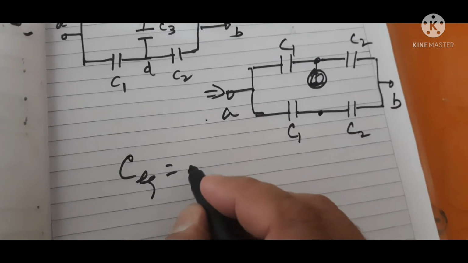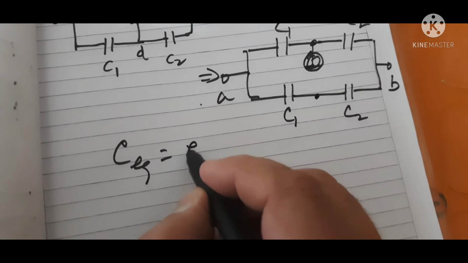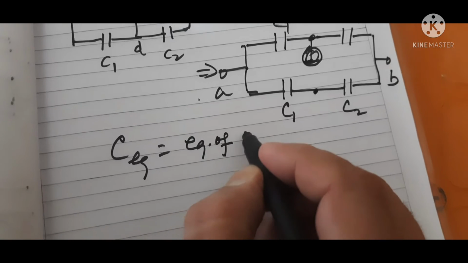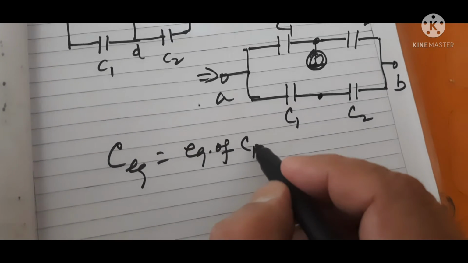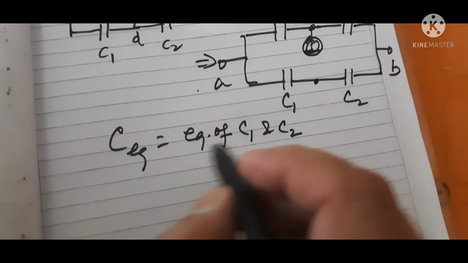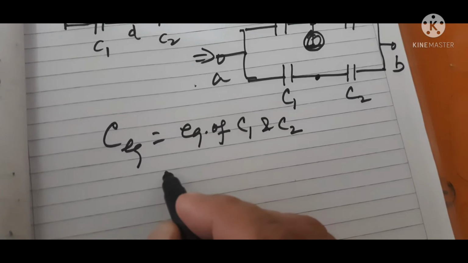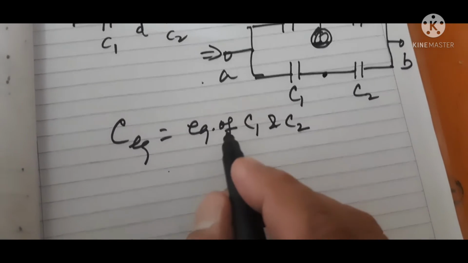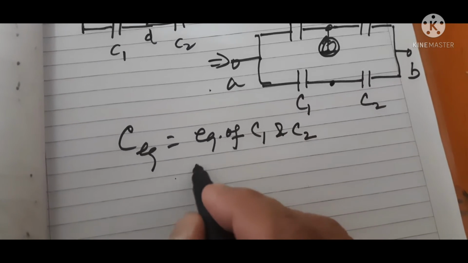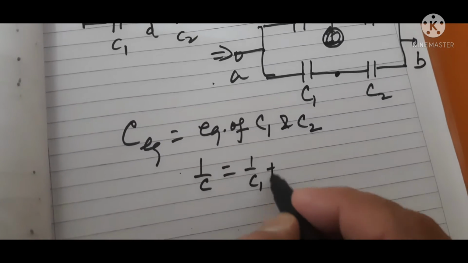First we have to find the equivalent of C1 and C2, which are in series: 1 by C is equal to 1 by C1 plus 1 by C2.